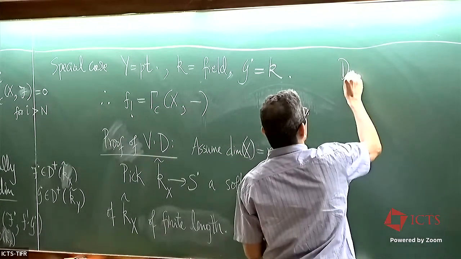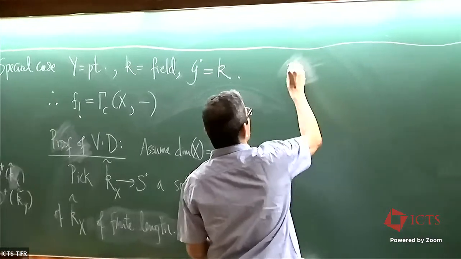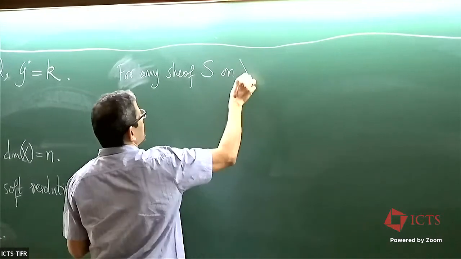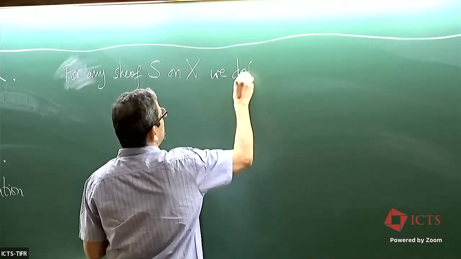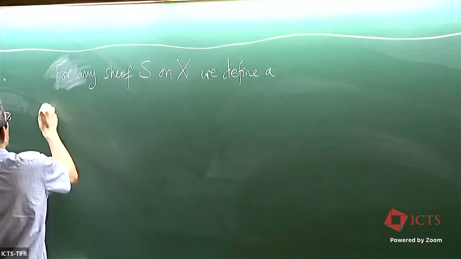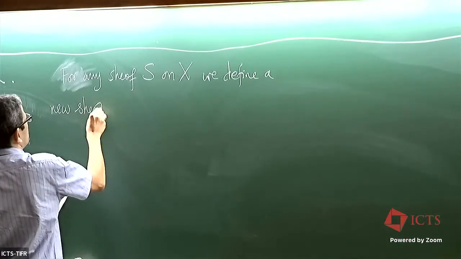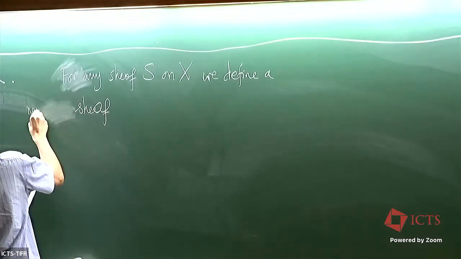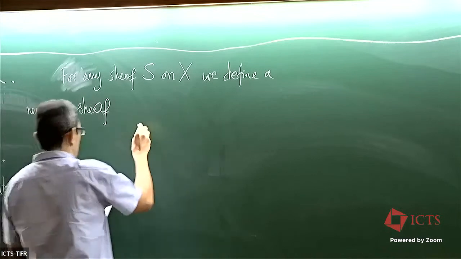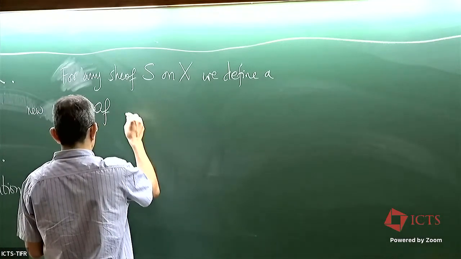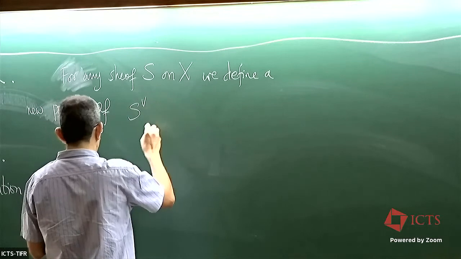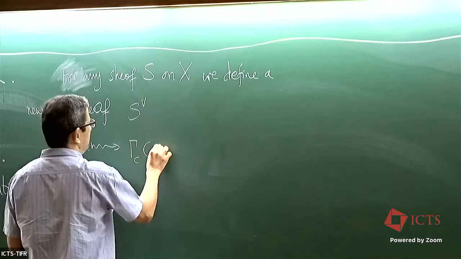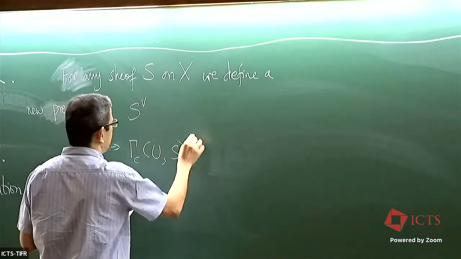To define, for any soft sheaf S on X, we define a new sheaf, or rather I should say presheaf, which I'll call Ŝ, given by U goes to the sections with compact support, and then dual.